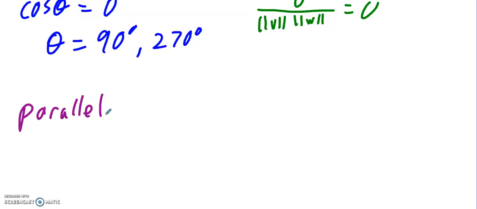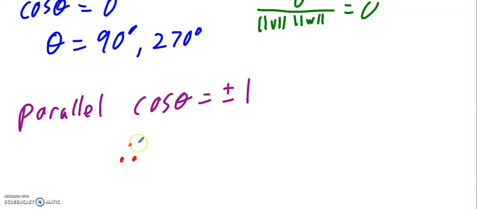So if two vectors are 0 degrees apart, they would be parallel. If they are 180 degrees apart, they would be parallel. So what cosine values will create 0 and 180? 1 or -1.